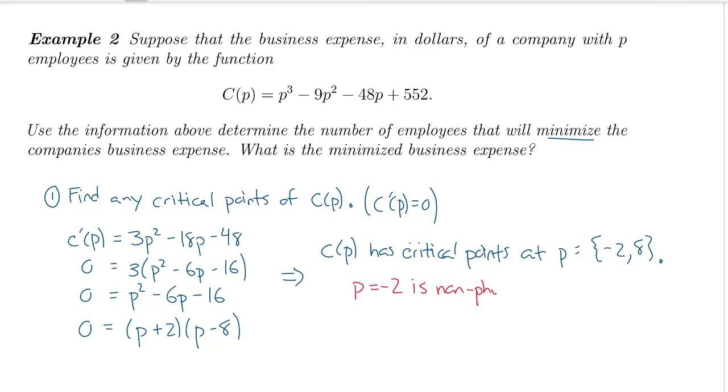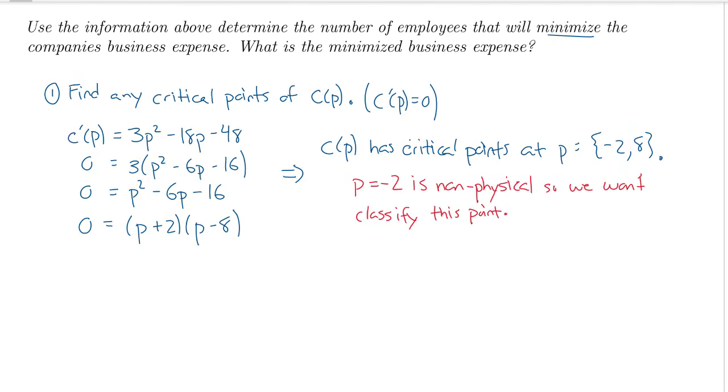It's not possible. So we won't classify this point because it's irrelevant. I don't really care if it's a max or a min, it's not possible, so it's erroneous. We'll just save a little bit of time.